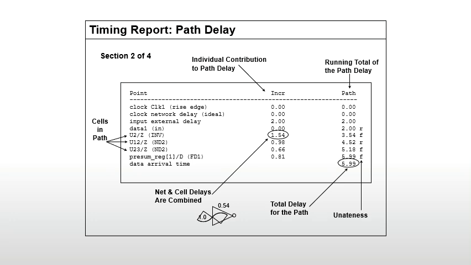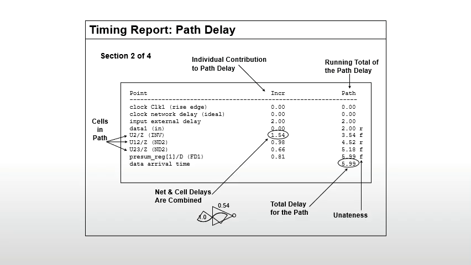The clock CLK1 begins at the rising edge with 0 delay. Input external delay contributes 2 nanoseconds to the path. Data enters at node data 1 and propagates through the inverter U2, adding 1.54 nanoseconds. It then passes through NAND gate U12, increasing delay by 0.98 nanoseconds.